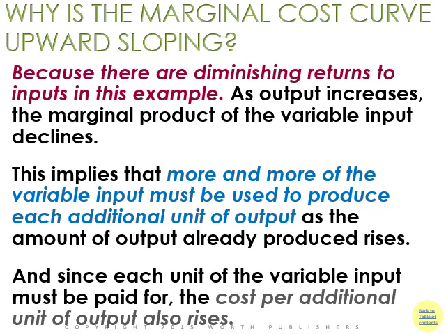So you're adding additional variable inputs, workers, to a given size plant with a given amount of machinery, and the marginal product is decreasing significantly. And when the marginal product of your input decreases in a one input problem, it means that marginal cost is going to be going up.